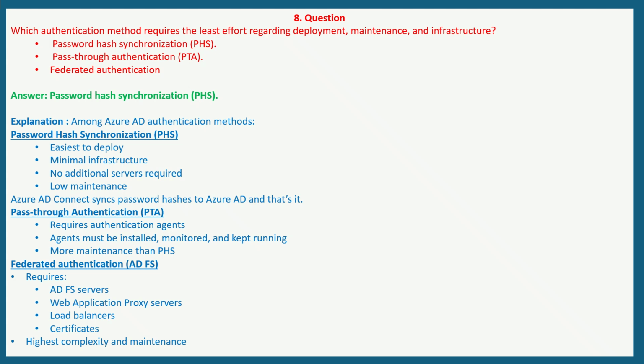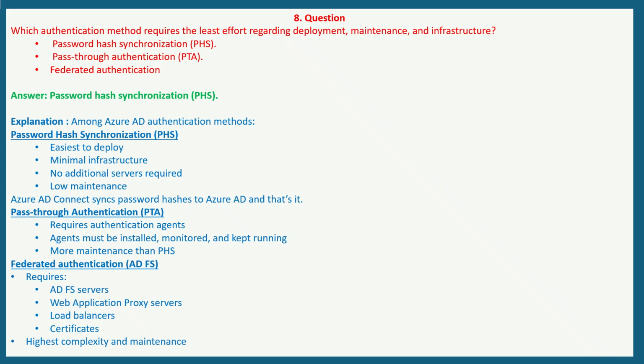Among Azure AD authentication methods, password hash synchronization is easier to deploy, with minimal infrastructure, no additional servers required, and low maintenance. Azure AD Connect syncs password hashes to Azure AD and that's it. Pass-through authentication PTA requires authentication agents on-prem.